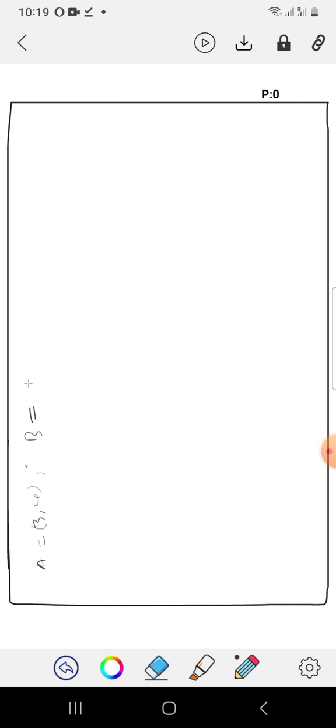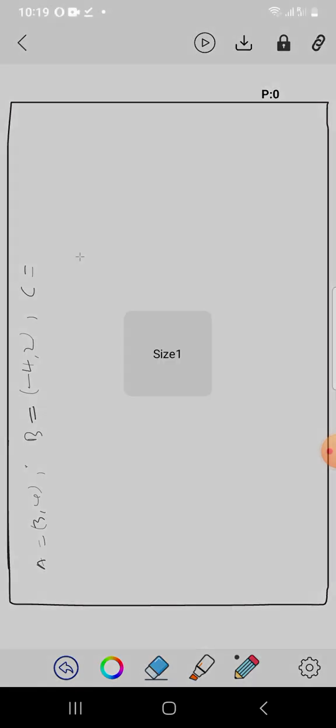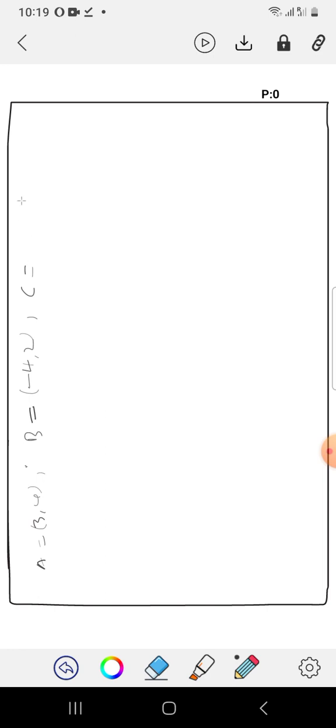B is minus 4 comma 2. C, I think I can make it a little bit bolder, sorry. Okay. C is 2 comma 2, and D is in fact minus 2 comma 6.